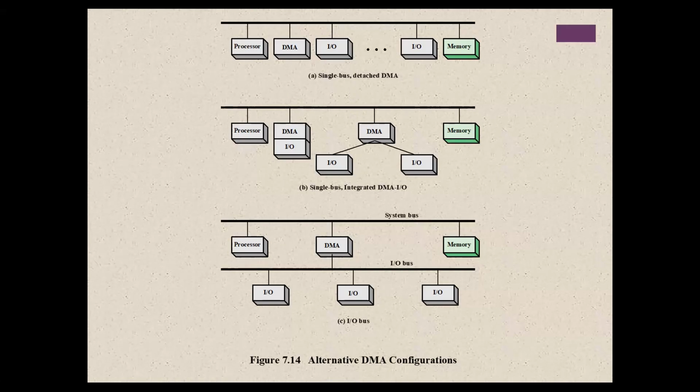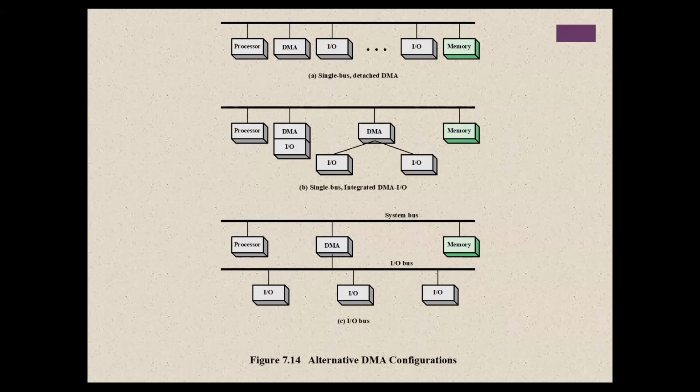These concepts can be taken one step further by connecting I/O modules to the DMA module using an I/O bus. So this is taken further. Now the DMA has different I/Os that are connected through the I/O bus.